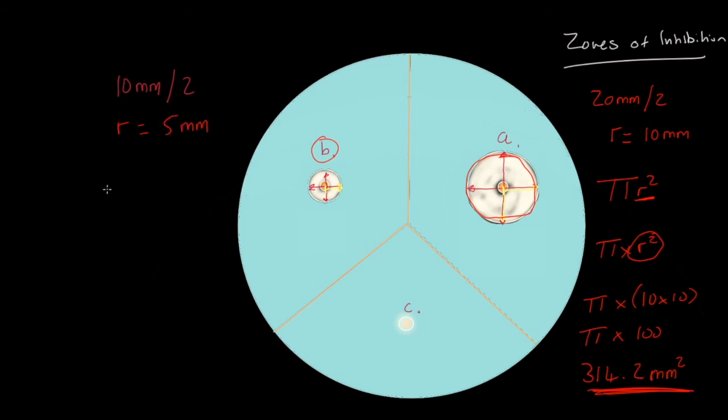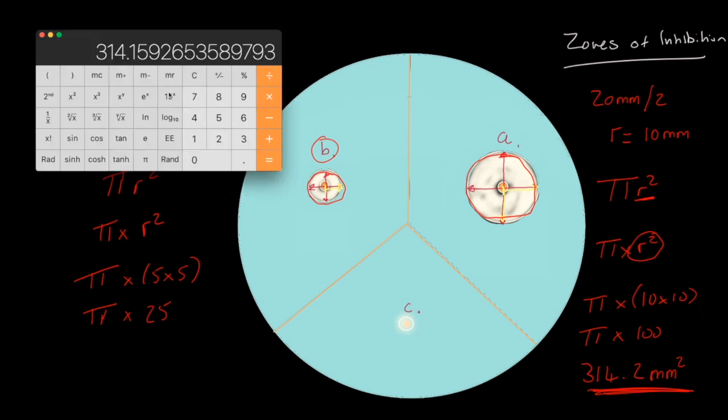Now again, how do we do this? We do pi r squared. Just to remind you, what this actually means is pi times r squared. That means pi times 5 squared, which of course we know is 25. So we want to do a calculation of pi times 25, and that's going to give us this zone of inhibition, this area calculation.